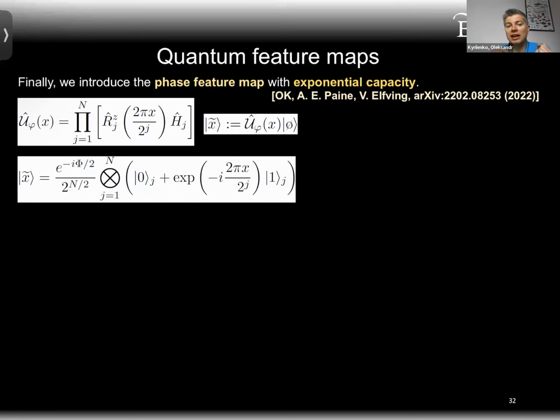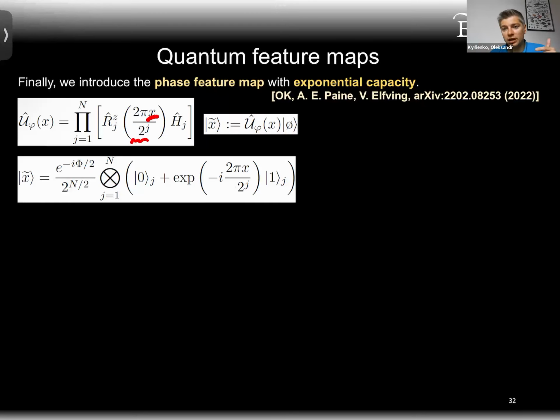If I additionally apply a phase rotation, which depends on x but also has this very peculiar prefactor, 2 to the power of j, what you will be building are fractions of your 2 pi that decrease exponentially.